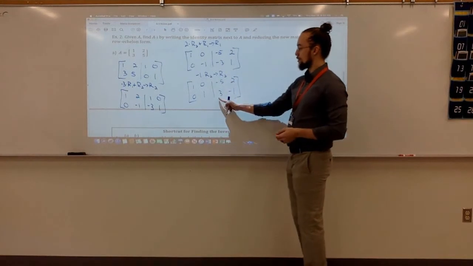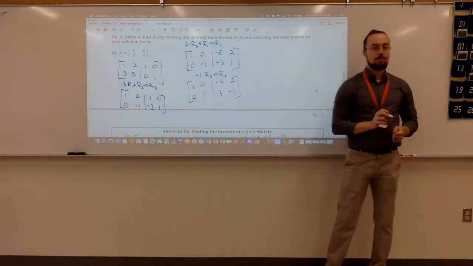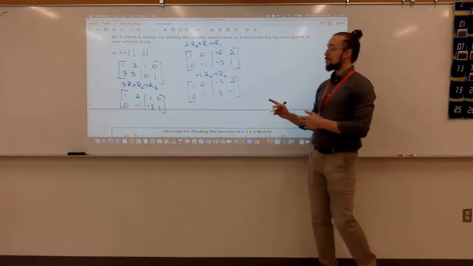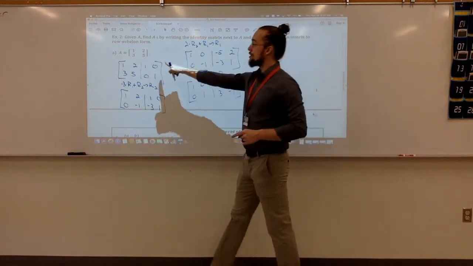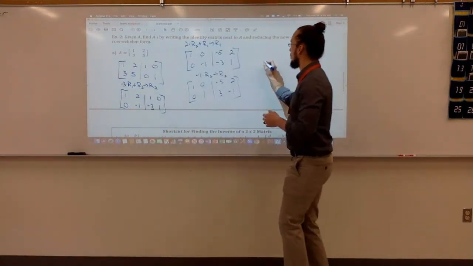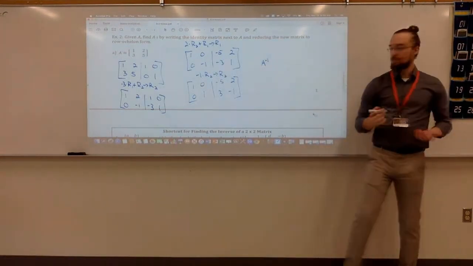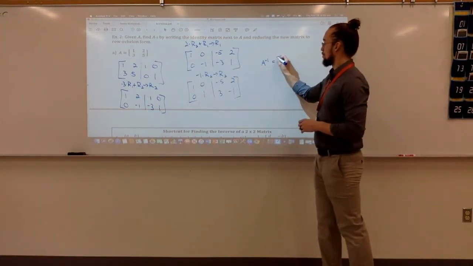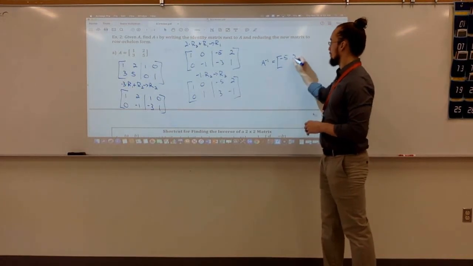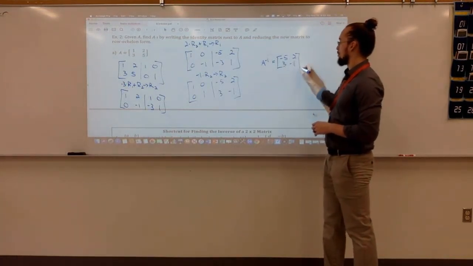This is my inverse matrix. Okay. So if this is A, we can say that A inverse, this is our notation for the inverse, is equal to -5, 2, 3, -1.